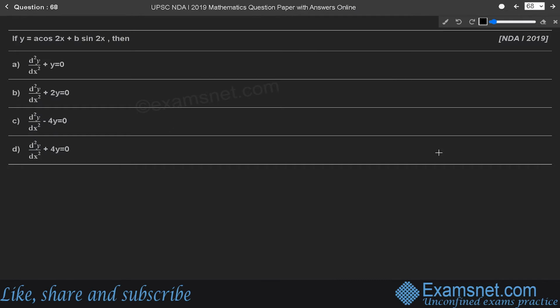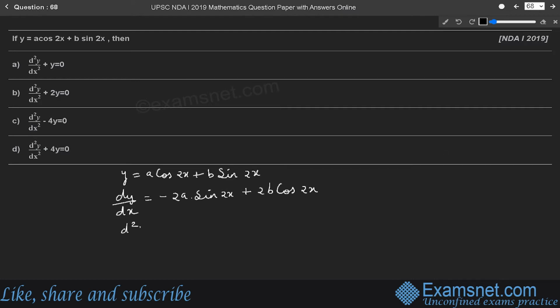Next question is, if y is equal to a cos 2x plus b sin 2x, then given an equation of family of curve y, which is a cos 2x plus b sin 2x, it can be written as dy upon dx is equal to minus 2a into sin 2x plus 2b cos 2x by taking the first order derivative.